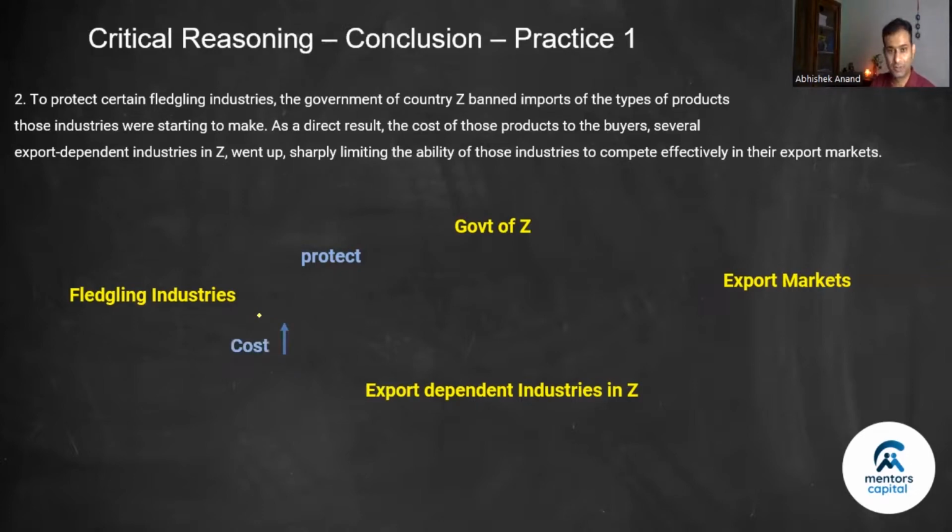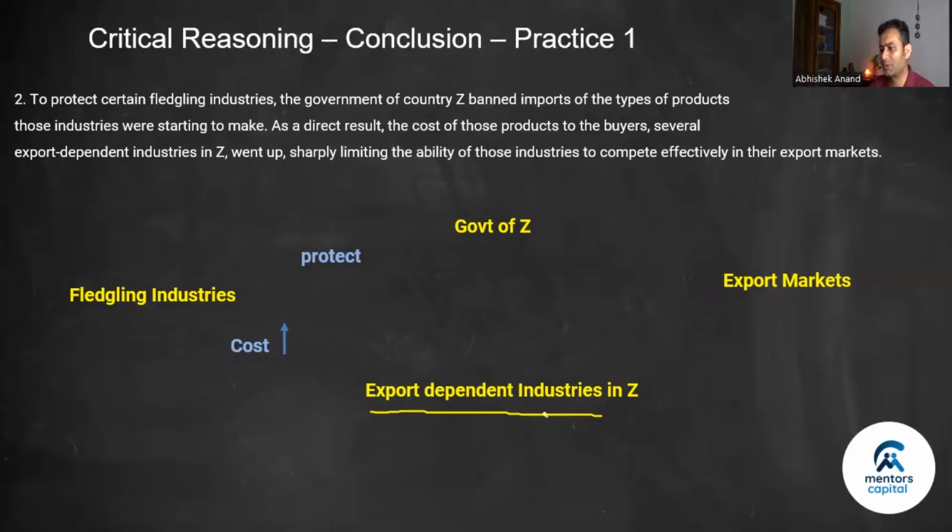Now, what has happened because of this? Because of this, the cost to these industries has gone up. So what I can safely infer is, earlier these were importing these pens. Now they have to buy it from fledgling industries, and because of this, the cost has gone up. So these guys are selling them at a higher price. That is a safe inference.